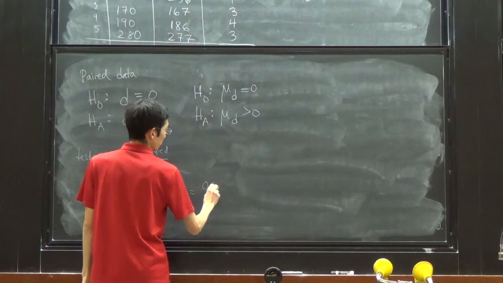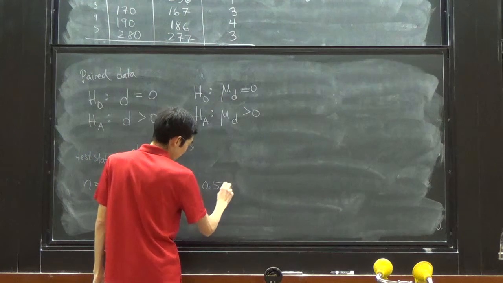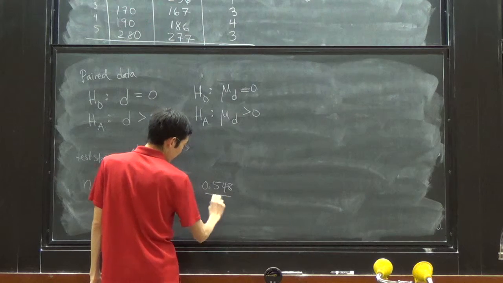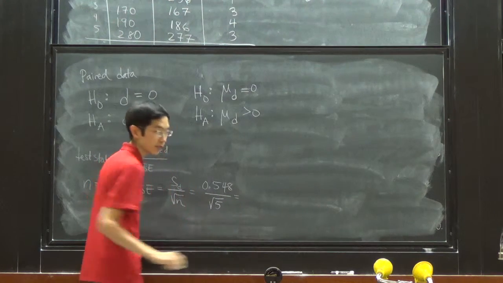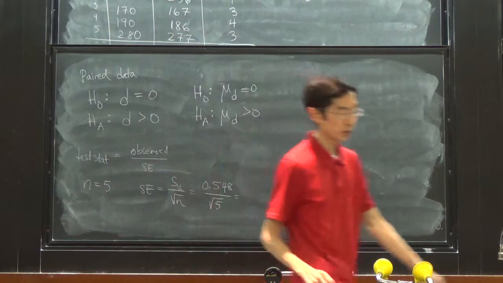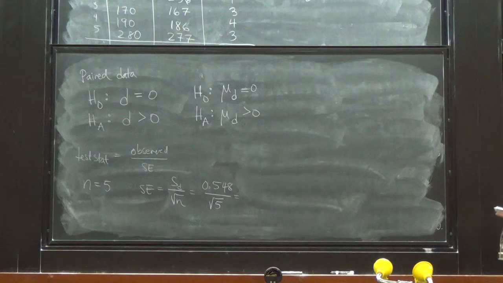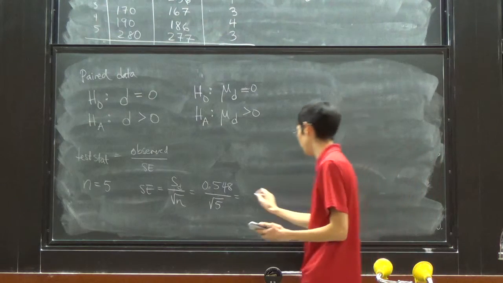So I have 0.548 divided by the square root of 5. So my standard error is 0.548 divided by the square root of 5, 0.245.